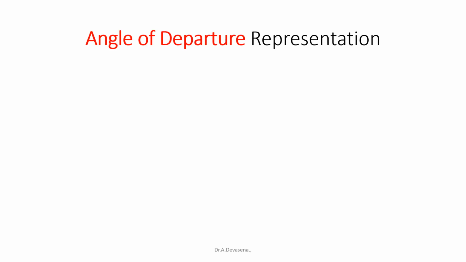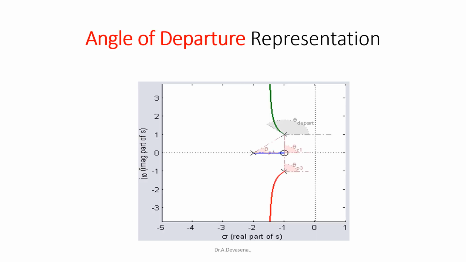The angle of departure is represented here. If we have complex poles in the given problem, then we have to calculate the angle of departure also. The angle of departure is represented in gray color.